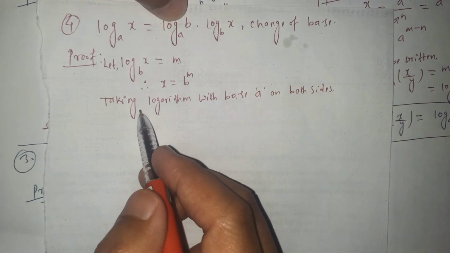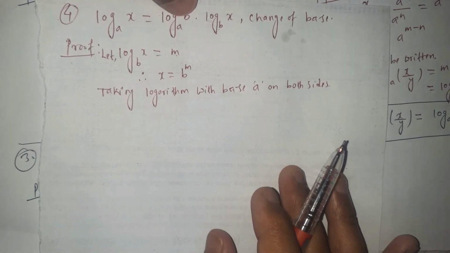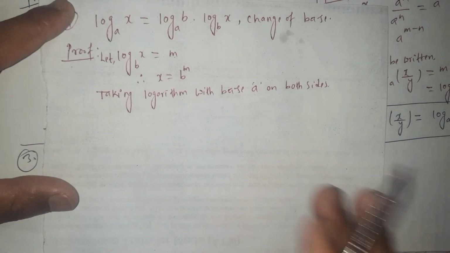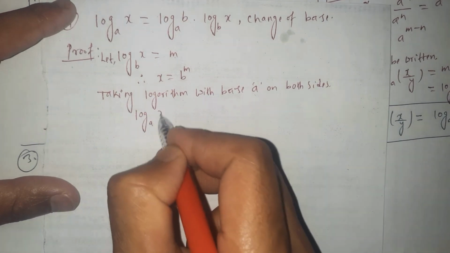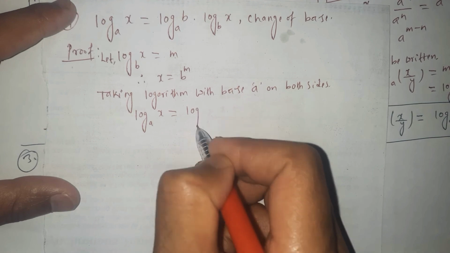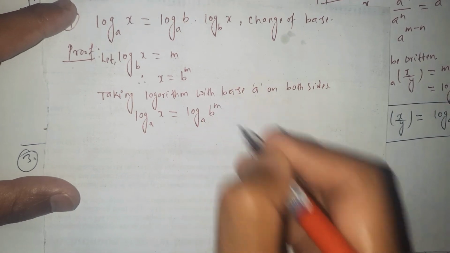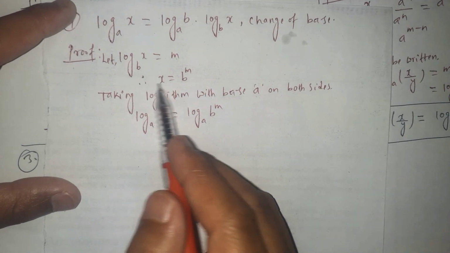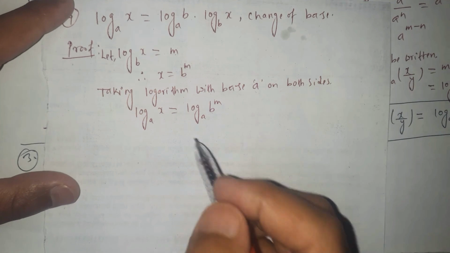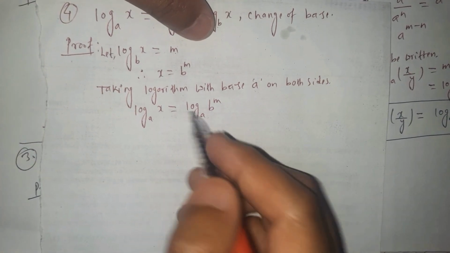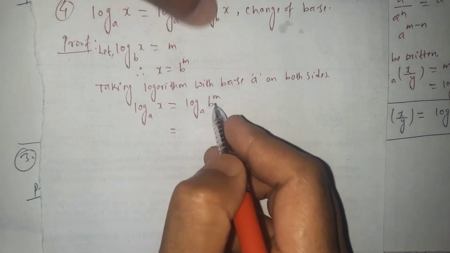Here we are going to take the logarithm with base a on both sides of this equation, and then the equation becomes log with base a of x is equal to log with base a of b to the power m. And this can be simplified here.